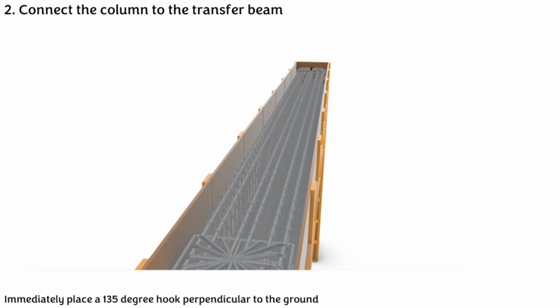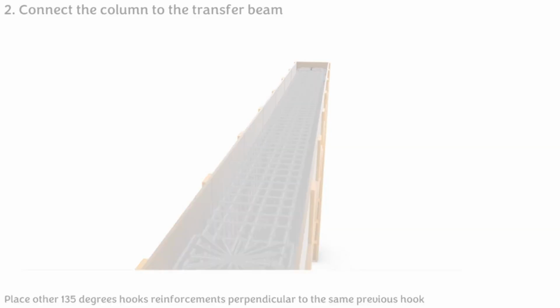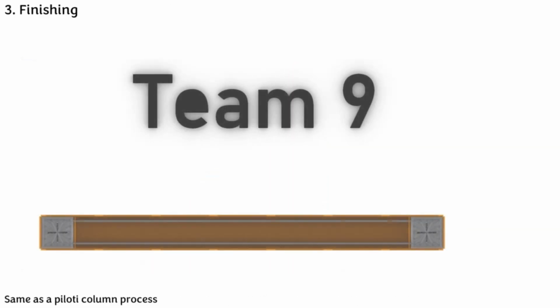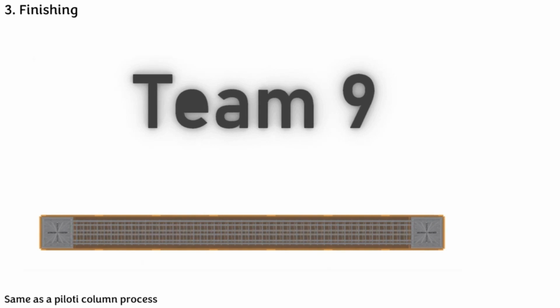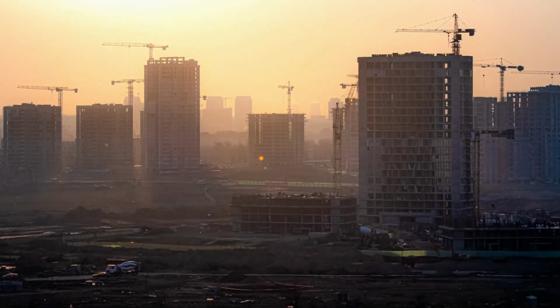When all 135-degree hook reinforcement perpendicular to the main reinforcement and the ground is placed, we also place other 135-degree hook reinforcements perpendicular to the same previous hook to complete the reinforcement spine. After that, concrete is poured and placed just like a column, and the mold is removed to complete the shape.